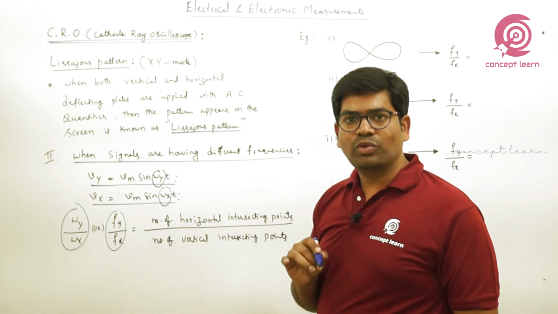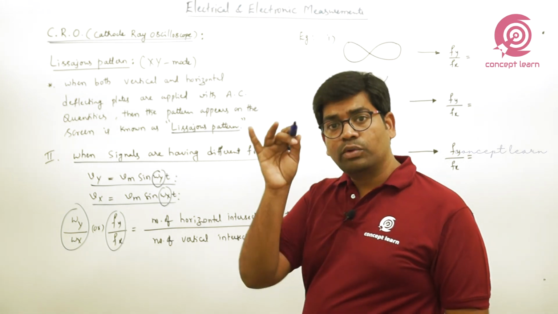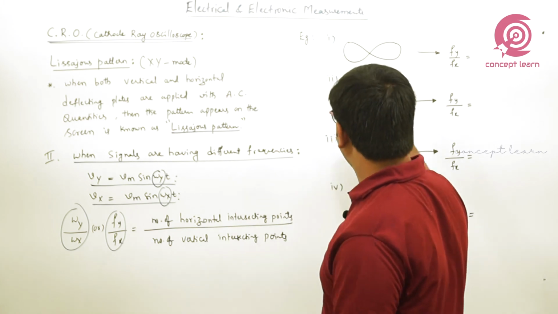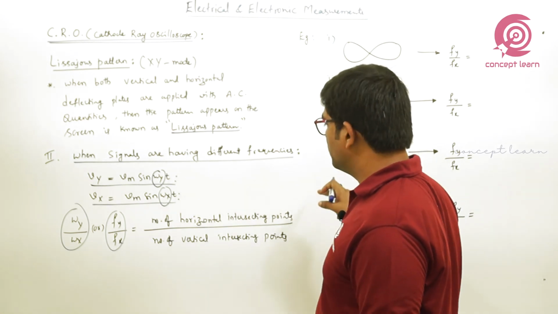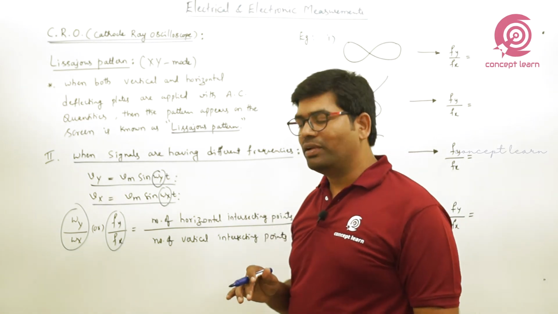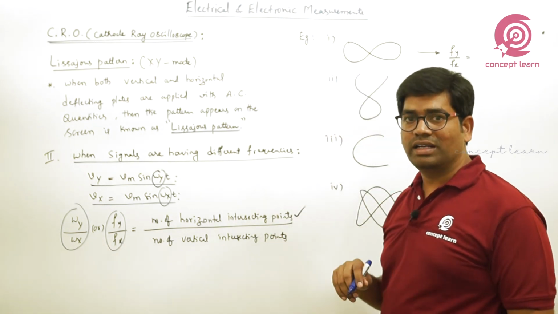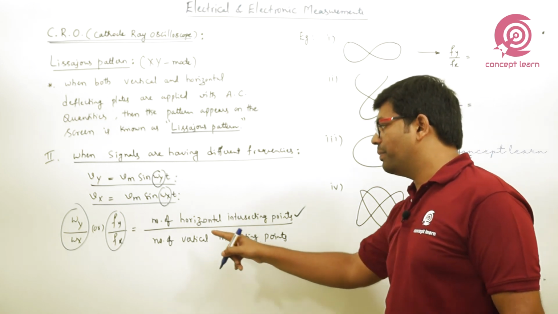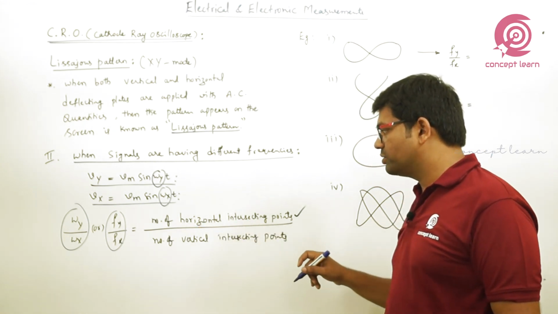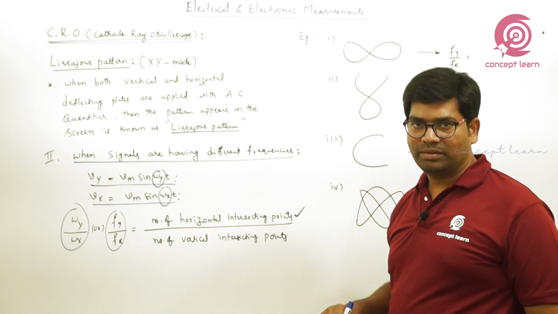But that relation is valid only for a closed pattern. But sometimes we have closed patterns, open patterns. To avoid the confusion, simply we follow the intersecting line and we count the intersecting points, meaning the number of horizontal intersecting points to the number of vertical intersecting points.